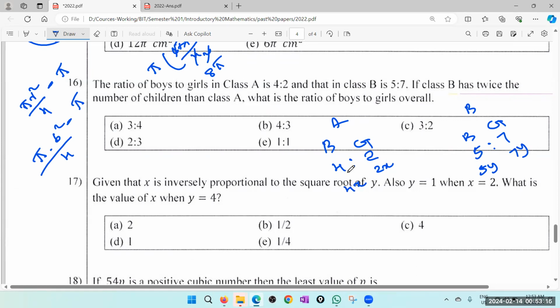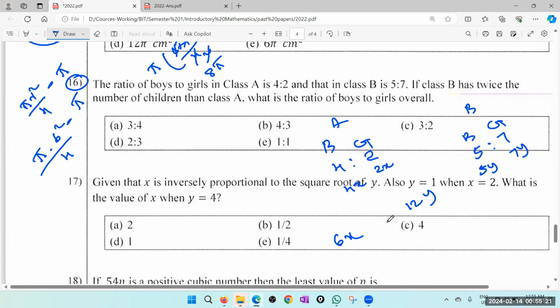Overall, the number of boys is 4x plus 5y. Number of girls are 2x plus 7y. I'm just trying something. So what we need is boys to girls. So we can write 4x plus 2x is 6x, and 5y plus 7y is 12y.